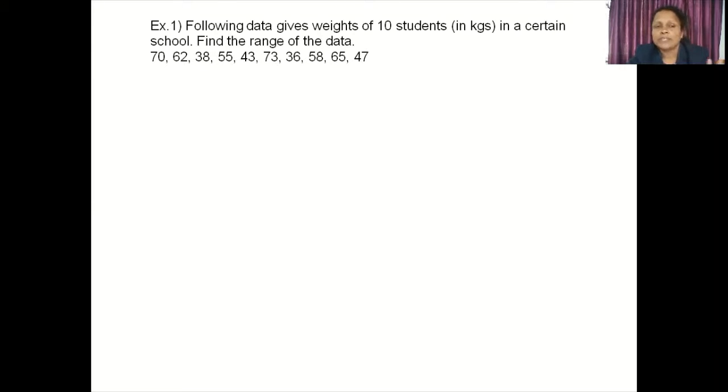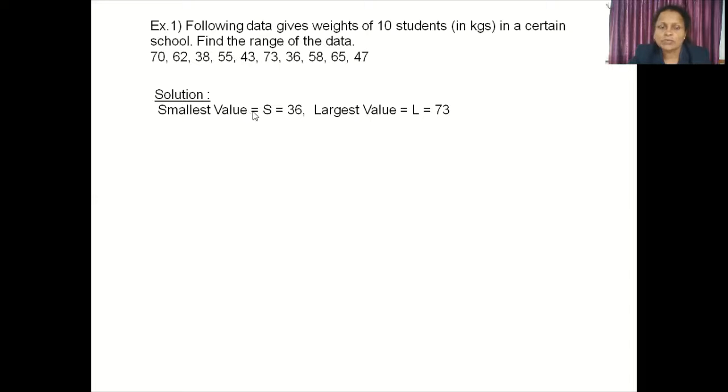This whole topic carries 5 marks in our annual exam question paper, which carries 80 marks. In this 5 marks for statistics, range carries 1 mark because we have to take only the difference. First we find the largest value and smallest value. If we observe these observations, the smallest value is 36 and the largest value is 73.